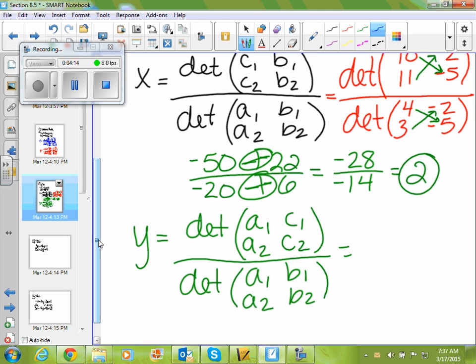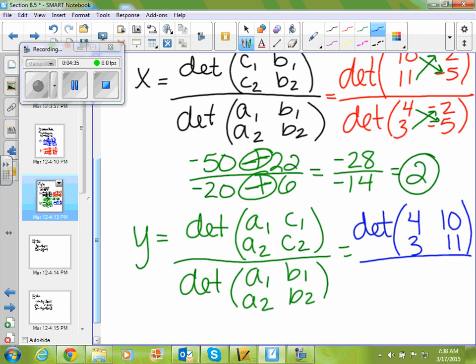So if I plug in my values, my a1 is 4, my c1 is 10, my a2 is 3, and my c2 is 11. Then I'm going to divide that by the determinant of my leading coefficients, so 4, negative 2, 3, negative 5.